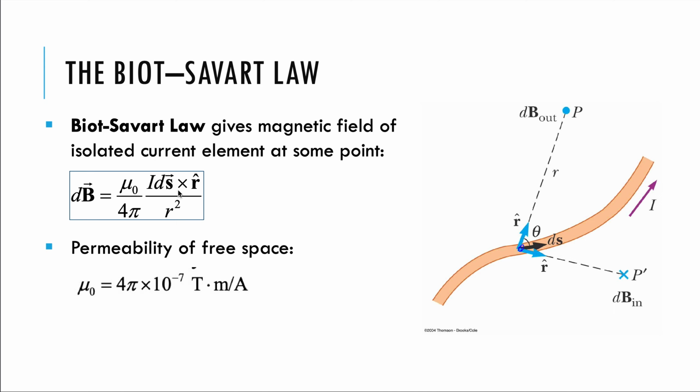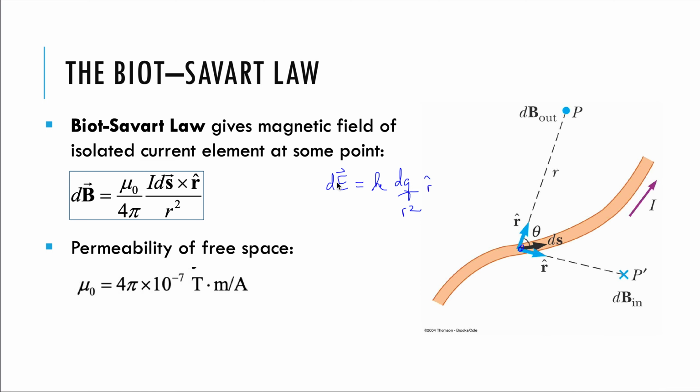This equation should look a little bit familiar. If you remember, we found the electric field back in the day. We found Ke dq over r squared, and this was also in the r hat direction.